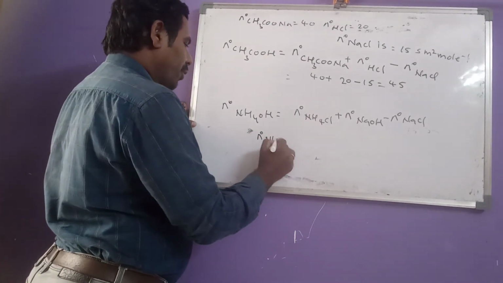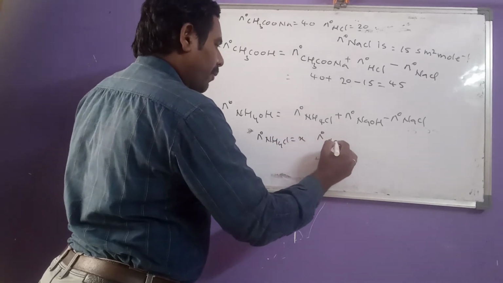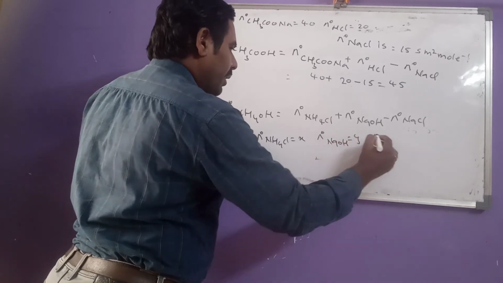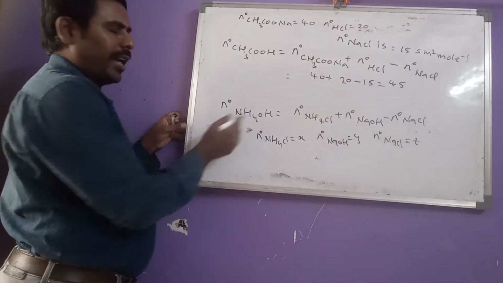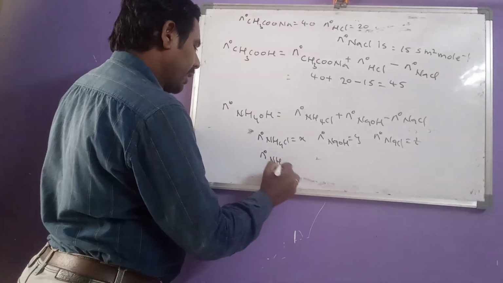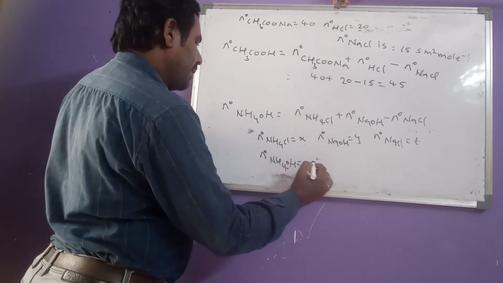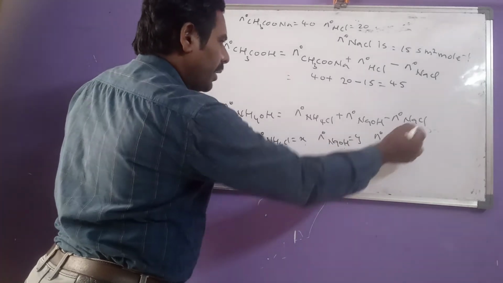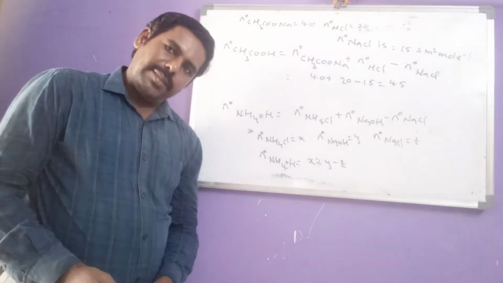Λ naught NH4Cl value is X. Λ naught NaOH is Y. Λ naught NaCl is Z. Therefore, what is the Λ naught NH4OH value? So that means to get Λ naught NH4OH, NH4Cl means X plus NaOH means Y minus NaCl means Z. So X plus Y minus Z.